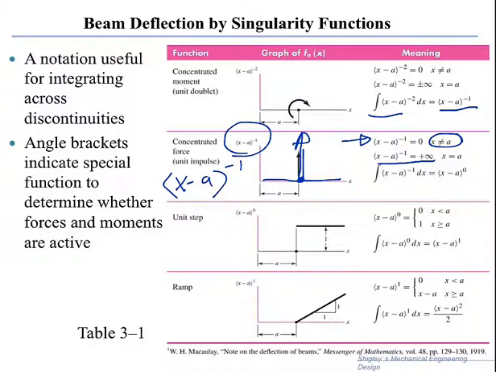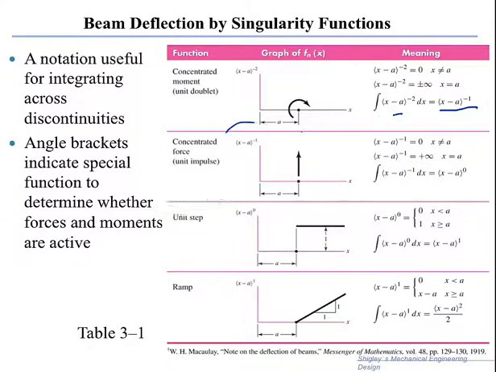For example, if I multiply this x minus a to the minus 1 with an F, that would be a concentrated force at x equals a. The important feature of the delta function is that its integration brings in the unit step function.